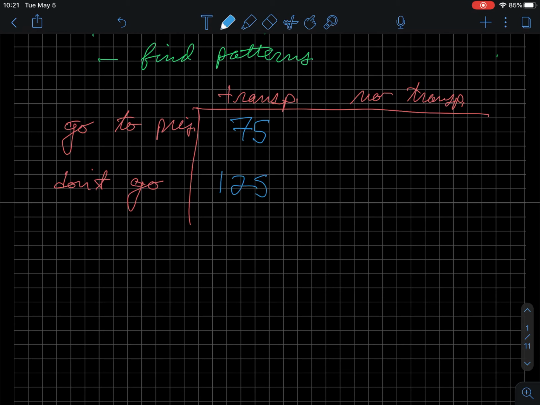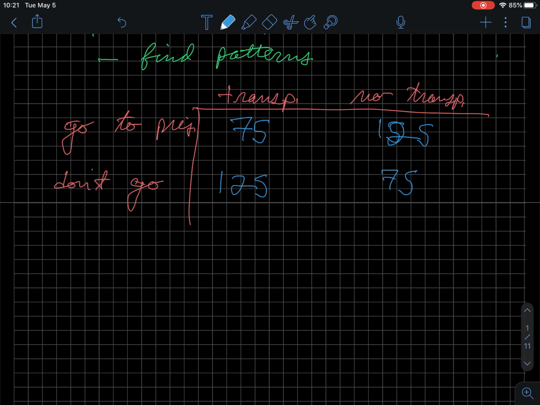And if we go to people who had no transportation, and they go back to prison, let's say that's 125, and who don't go, and they had no transportation whatsoever, let's say that is 75, to keep things balanced. Let me erase this, make it a little cleaner.